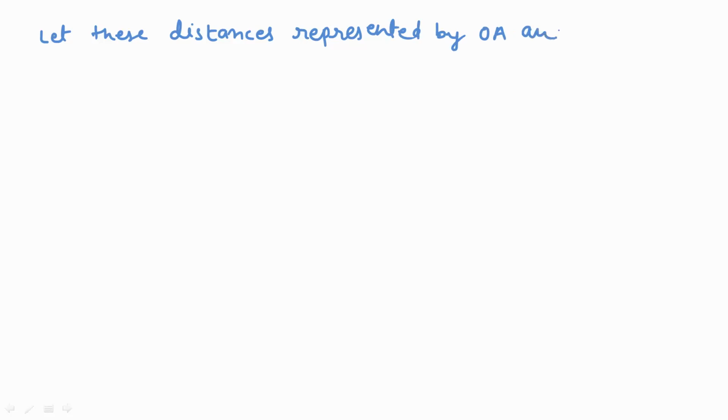Now let these distances be represented by OA and OB respectively.